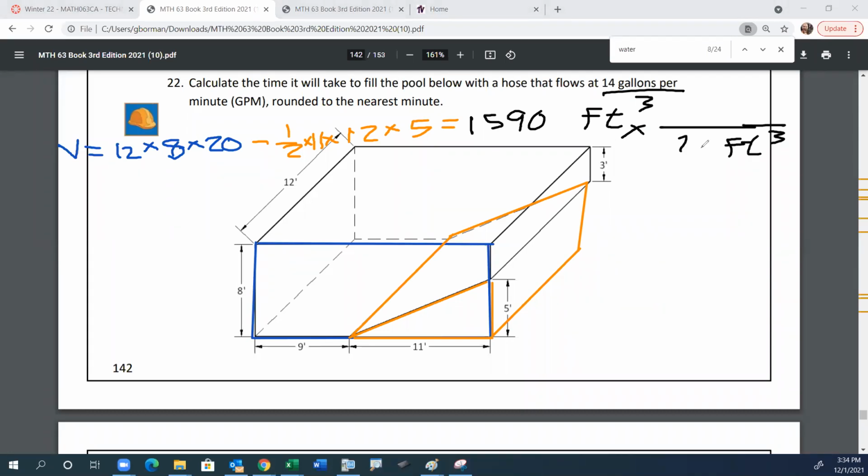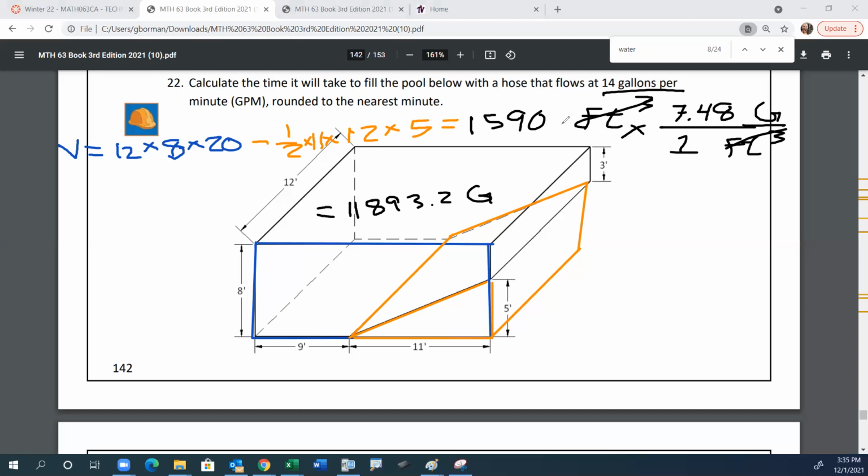So 1 cubic foot is 7.48 gallons, okay. So the cubic feet cancel. And if we multiply by 7.48, actually, let me do that over here so I have more room. 11,893.2 gallons. Okay.